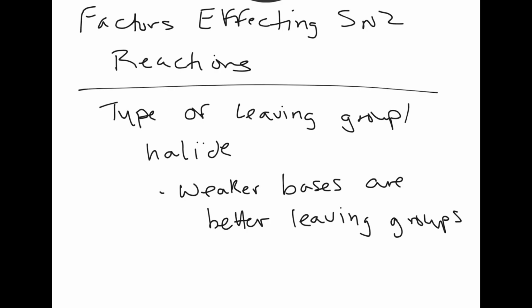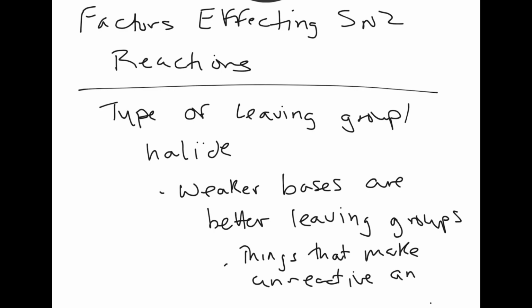There are the things that make unreactive anions. You spit your leaving group out of your molecule, you make an anion, and if that anion is not super reactive, if it's stable, that thing is a good leaving group.